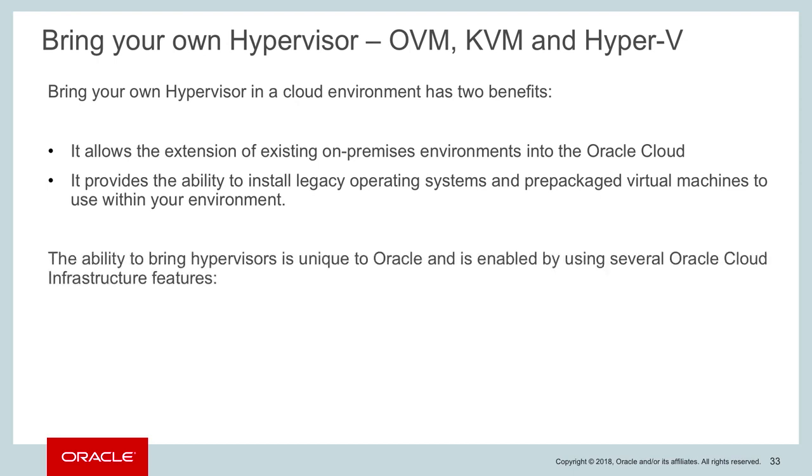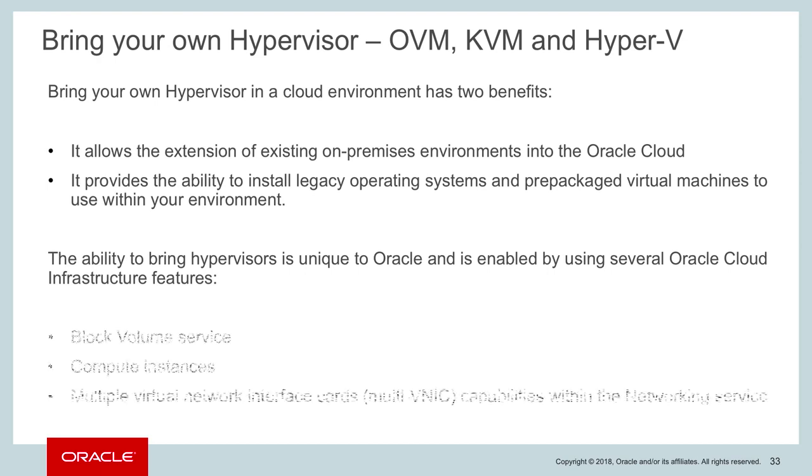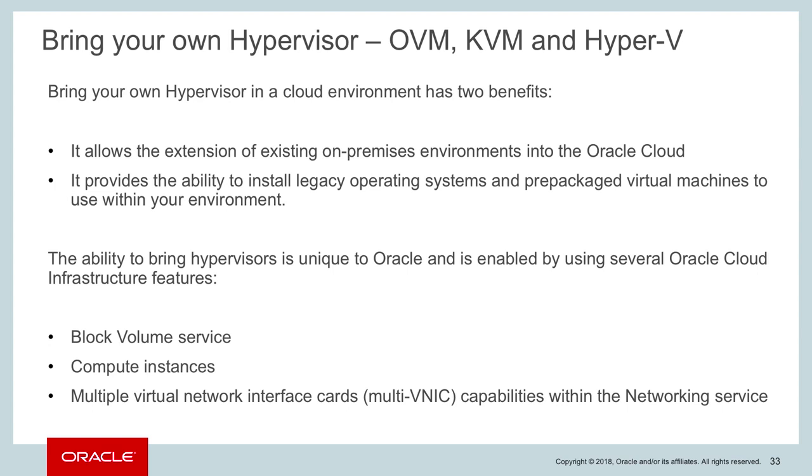As it's a unique feature of OCI, you can leverage services like block volume and network interfaces that can be directly attached to the virtual machine created on top of your hypervisor, and that allows them to communicate with other resources and instances provisioned in OCI.